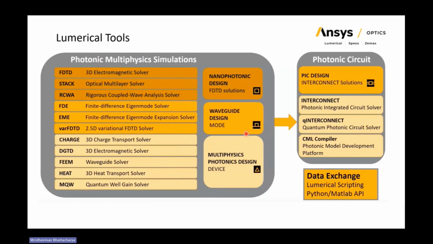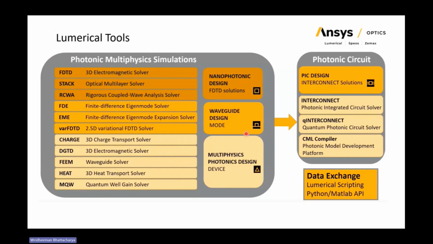The CHARGE we will use on day two, as we can solve the electro-optic modulator through this device, and HEAT we use when we require thermo-optic devices. DGTD is used for plasmonic-based simulations, while FEEM can be used for different optical fibers like hollow core fibers, while the MQW is used for the quantum well gain solver.